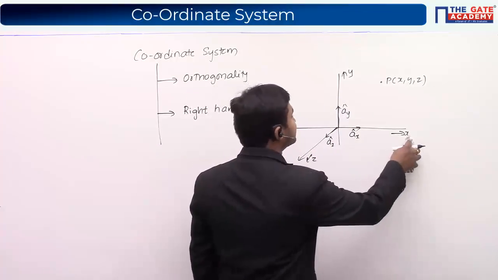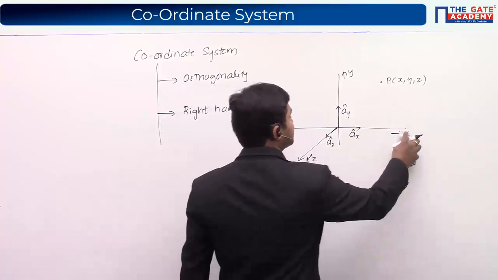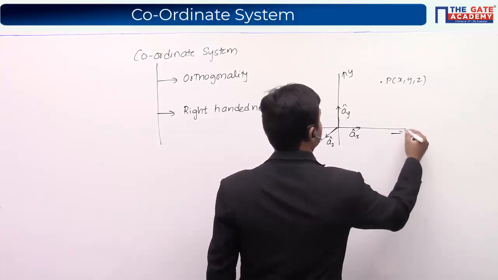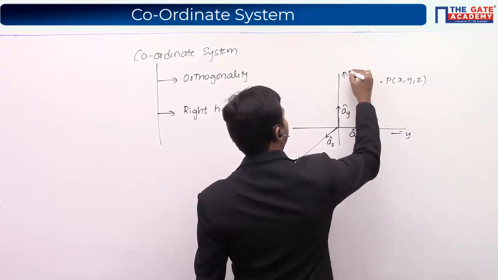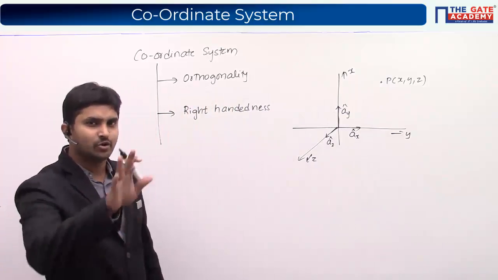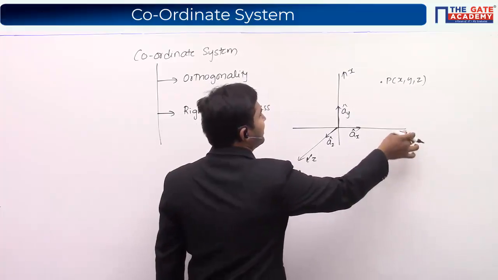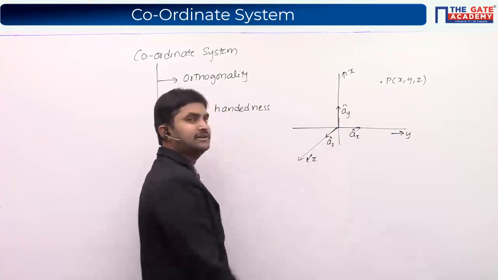Please understand that this is my x direction, this is my y direction, and this is my z direction. Now, can I represent this as y and this as x and still call this as z? Is it okay for you that for my comfort I am writing here as y and here as x and this as z?